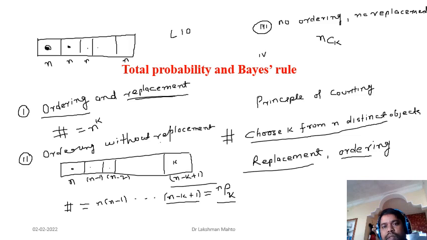There is a fourth option. I have already covered ordering with replacement, then ordering without replacement, then no ordering, no replacement. What would the remaining option be? There would be no ordering with replacement.